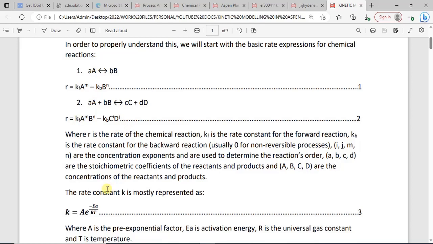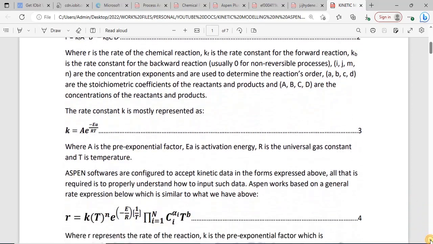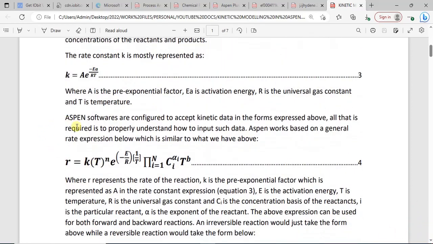So Aspen Hysys accepts data in a way similar to what we have above, but we need to properly understand how to input the kinetics data into the software, and that is where this introduction gets more interesting. Aspen software is configured to accept data in the forms expressed above.